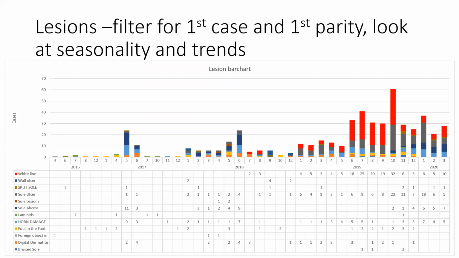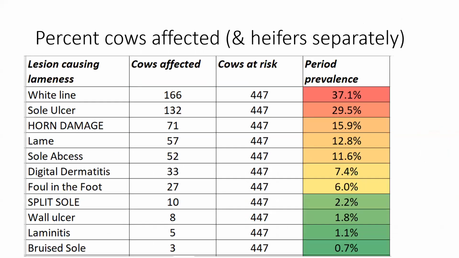And then there seemed to be an improvement, which I think is probably a genuine improvement from the better quality recording. And then one of the things I like to calculate from that better quality recorded lesion data is the percentage of cows affected by each lesion.